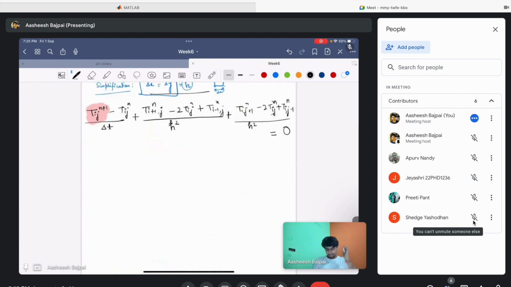So let me do it for this. We want to know this Tij, and as he said, if you have that kind of equation, then you discretize accordingly. As I said, follow the same procedure. Follow the code I am writing in such a way as your equation, and you can do it. I'm writing this as another kind of equation.